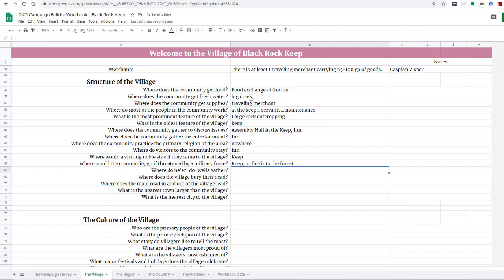So where do the ne'er-do-wells gather? So you have malcontents, you have people who just don't fit into society, and where do they hang out? They'll probably gather in the same place everyone else is gathered, but they'll also probably gather somewhere else that they can do their ne'er-do-well business.